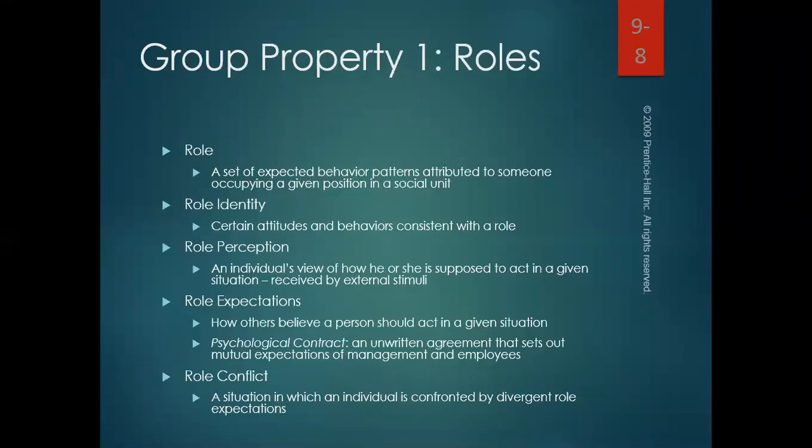Then when you assign a role to a particular person, you have some expectations of how others believe a person should act in a given situation. There is also the psychological contract, an unwritten agreement that sets out mutual expectations of management and employees. Then role conflict is a situation in which an individual is confronted by divergent role expectations.